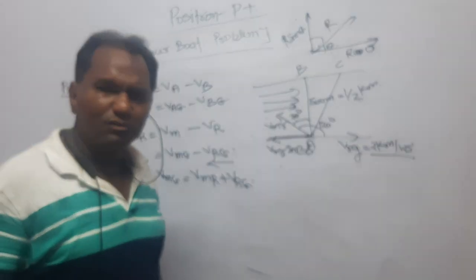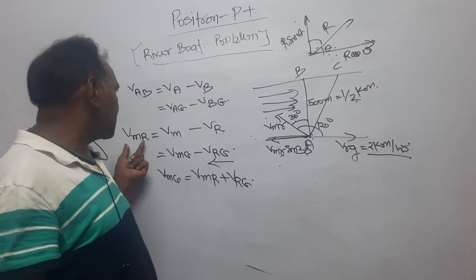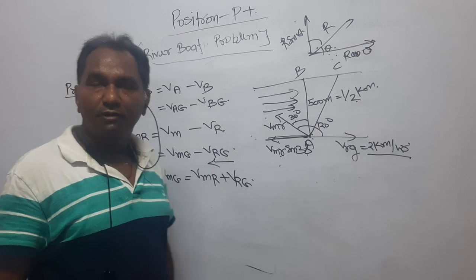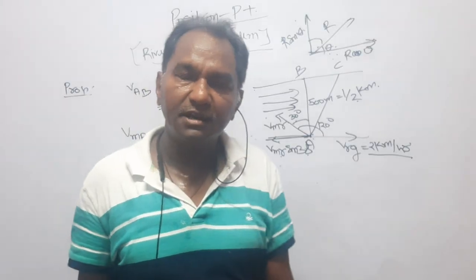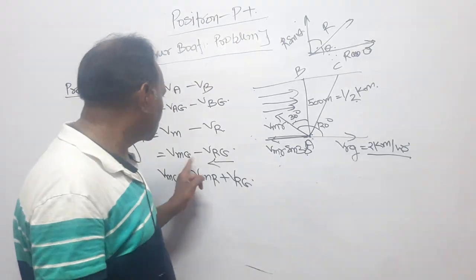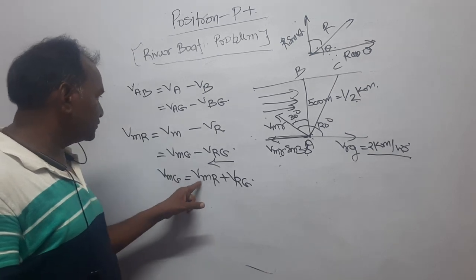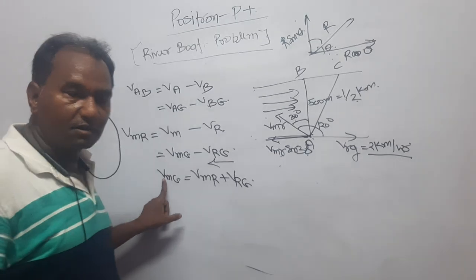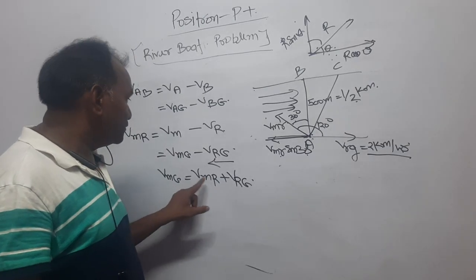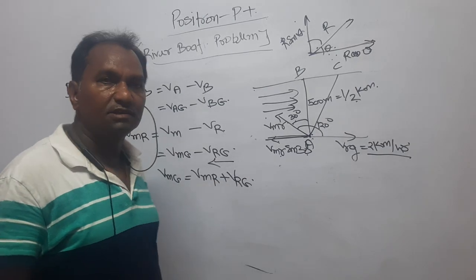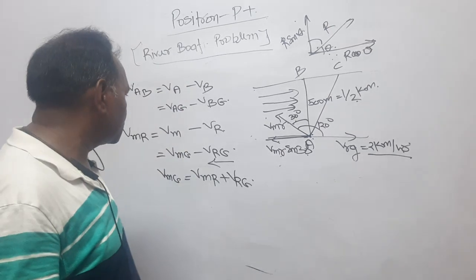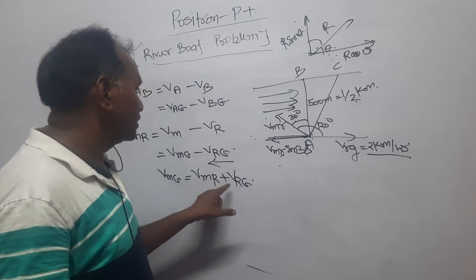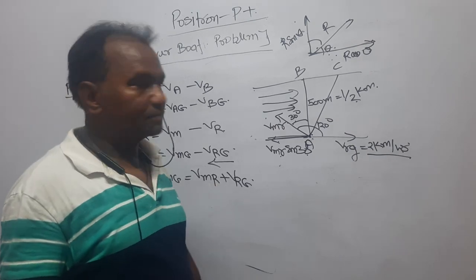Dear student, I have written VMR as VM minus VR. Now, let velocity of man and velocity of river be expressed with respect to ground. So VMG is equal to VMR plus VRG. In SCV, it is written in this way: velocity of man with respect to ground is equal to velocity of man with respect to river plus velocity of river with respect to ground.